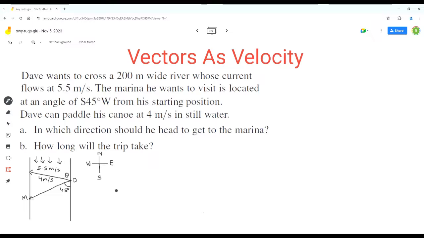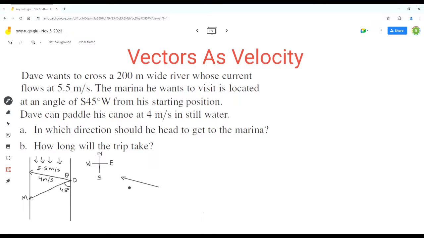Now we can draw a vector triangle in which we should arrange the vector for Dave's velocity in still water and the velocity of the current in tip to tail, or head to tail, arrangement so that we can make our vector triangle. So let's start with Dave's velocity in still water.